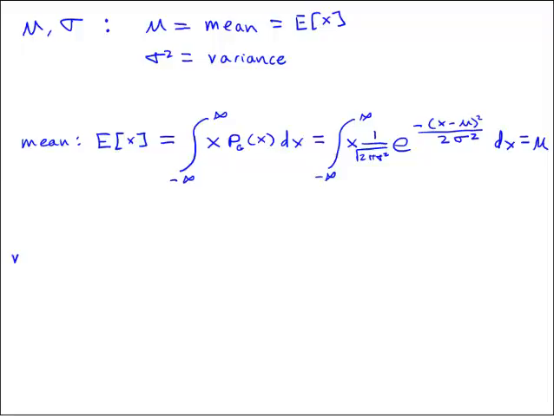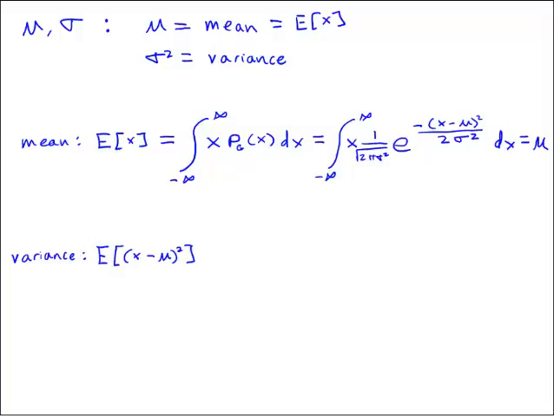What about the variance? The mean told us where our distribution was centered, and the variance tells us how spread out the distribution is. The way it does that is by being the average or expected value of the squared distance of our random number to the mean.